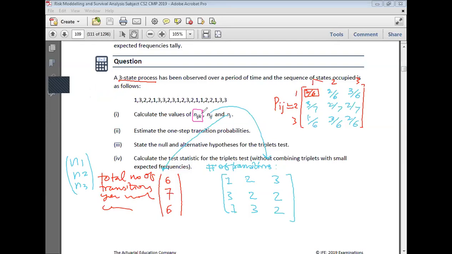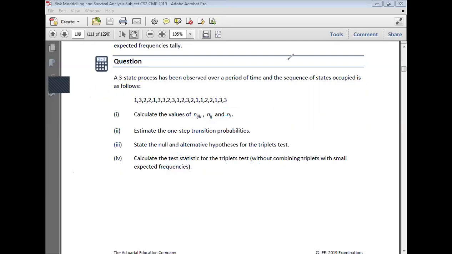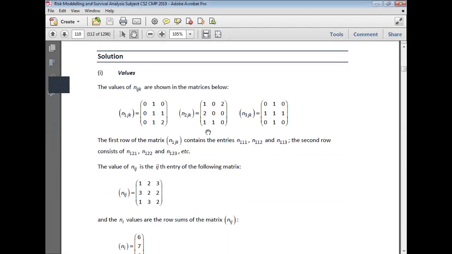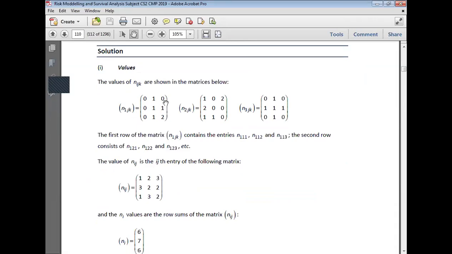Let me just erase everything for now, and I can just go to this answer. What they have done here is, they have chosen one value for i, which is 1 here, 2 here, and 3 here respectively. You can also choose a value for j, or you can also choose a value for k. But for the 2 states for which you are not choosing any value, that is the probability that you will have to write here in this matrix.